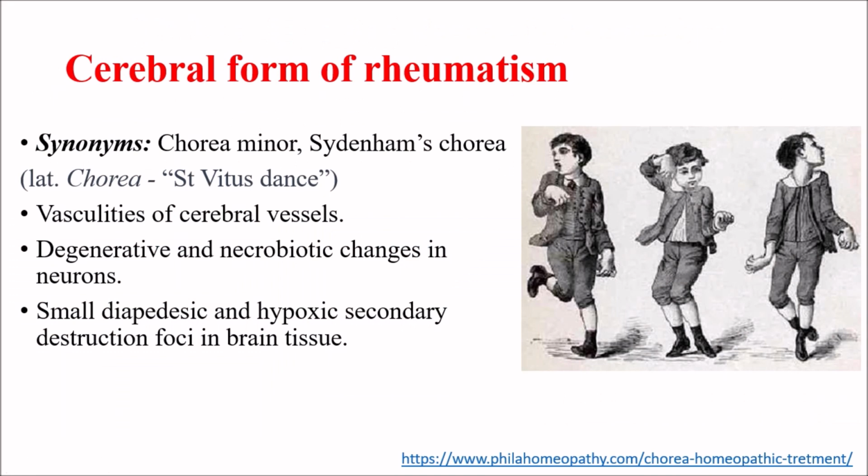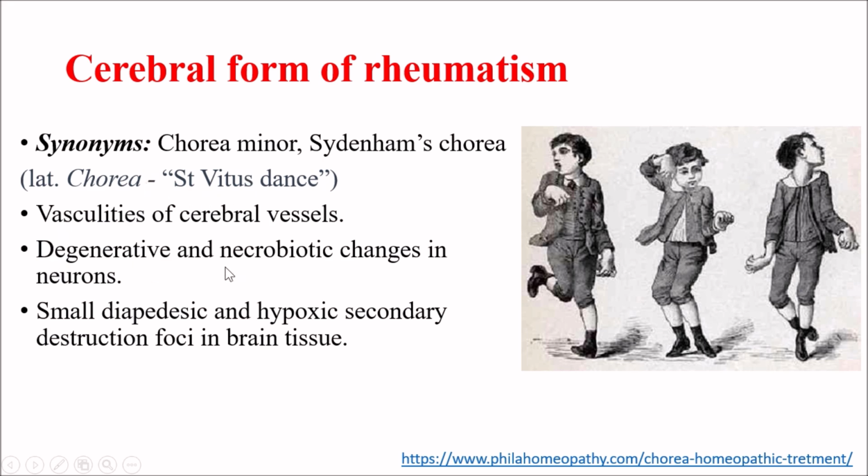The cerebral form of rheumatic fever we can also call chorea minor, or Sydenham chorea. The name chorea is taken from Saint Vitus dance, as it demonstrates the involuntary movements of the patients, similar to the dancing of Saint Vitus dance.